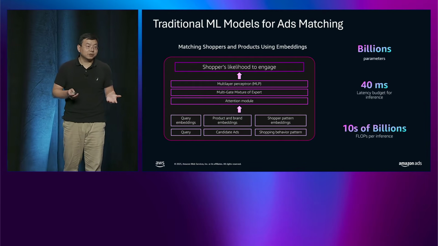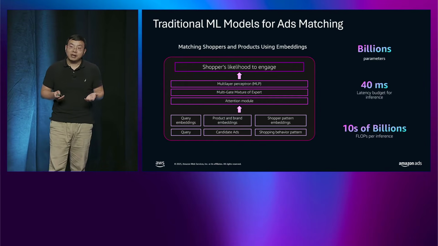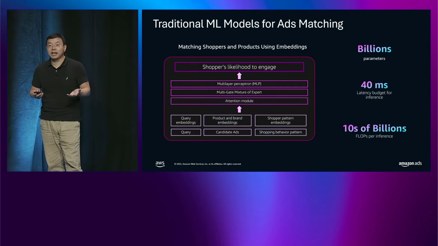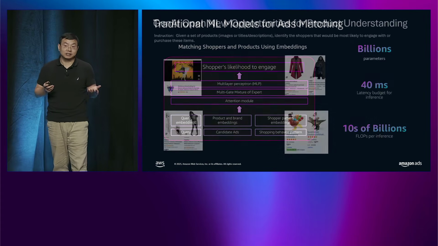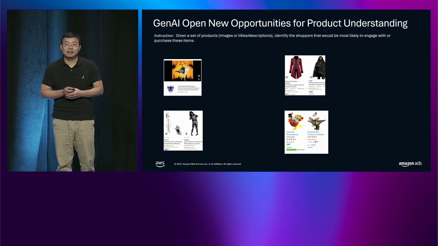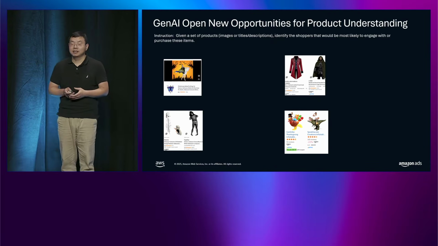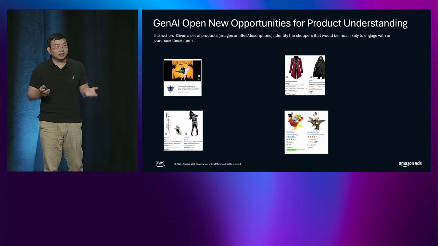These models are useful and effective in predicting the likelihood. However, these models are not good at telling why a particular product is a good match and why it is not. That's where Gen AI can make a difference. These are some examples we saw earlier. Imagine now we are advertisers.